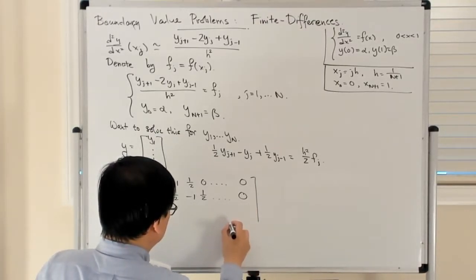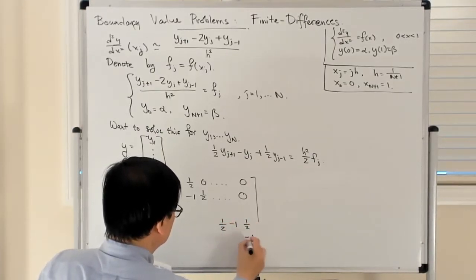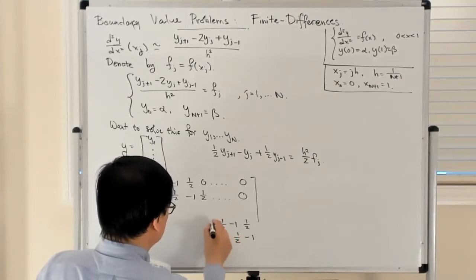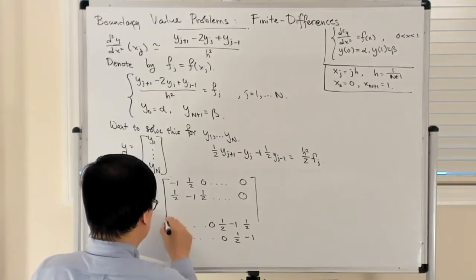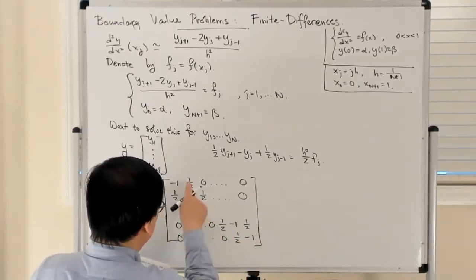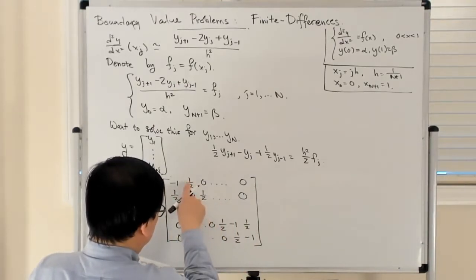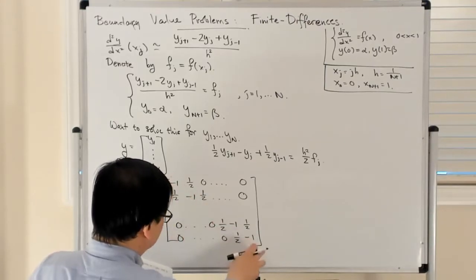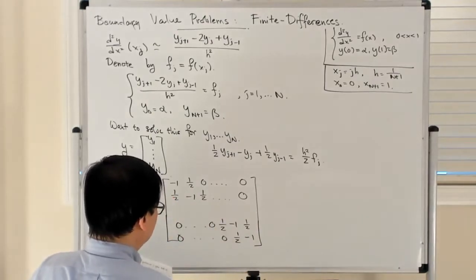You can see that you have a main diagonal of -1s, the one just above it has 1/2, and the one just below it has 1/2 as well.